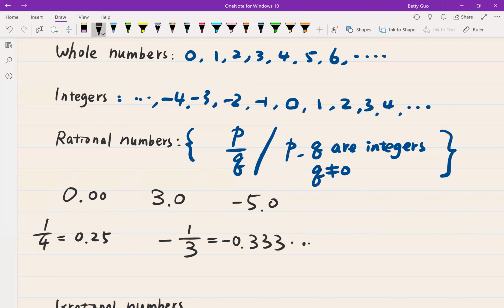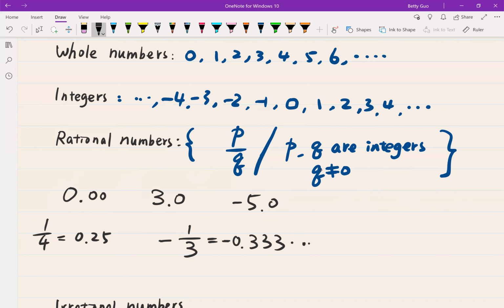In fact, any rational number, if you convert it to a decimal, how do you convert? You use the numerator to divide by the denominator. You will have a decimal. And those decimals are either finite, terminating decimals.